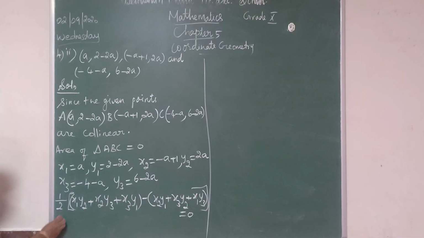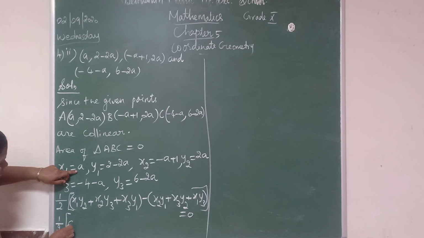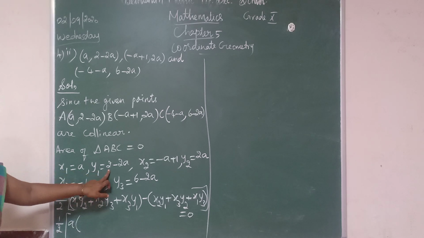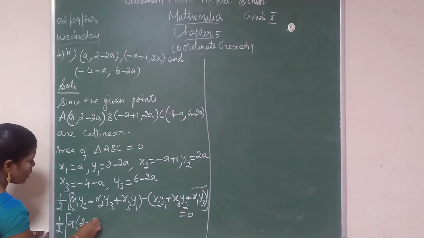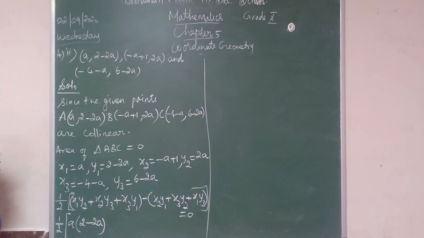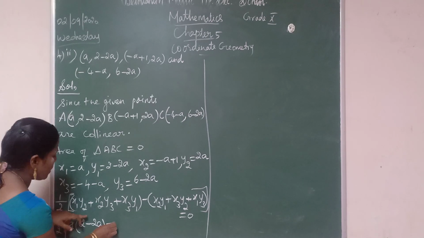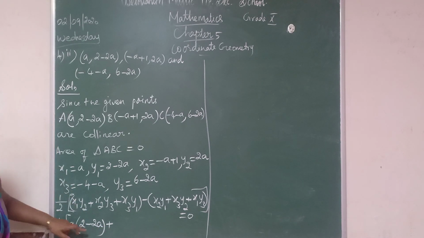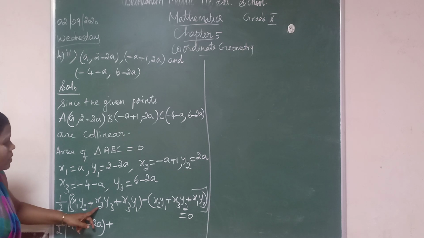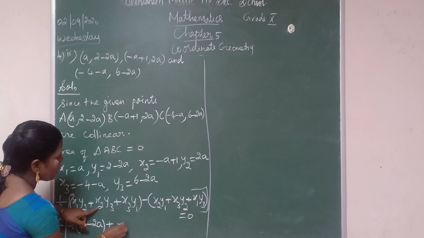Let's substitute the values. What is the value of x1? a, into y1. y1 has 2 terms, so let's use a bracket: 2 minus 2a. Then plus x2 y3. What is x2? Minus a plus 1.